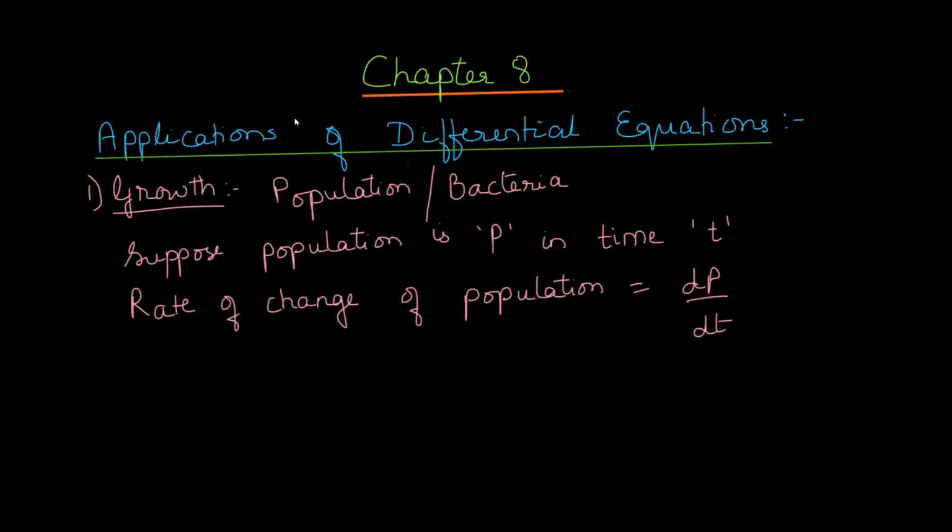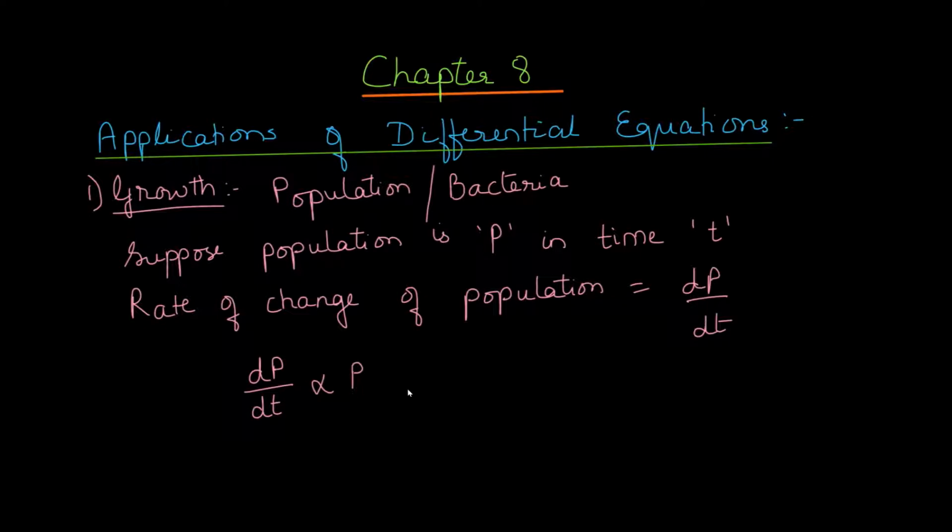Now this rate of change of population is directly proportional to the population present at that time. This we write this way, that is dP by dt is directly proportional, you know that this is the proportionality sign, you learned it in the lower classes, to the population at that time, that is P. Now you also have learned that to change the proportionality sign into an equal to sign, you have to apply a constant known as constant of proportionality.